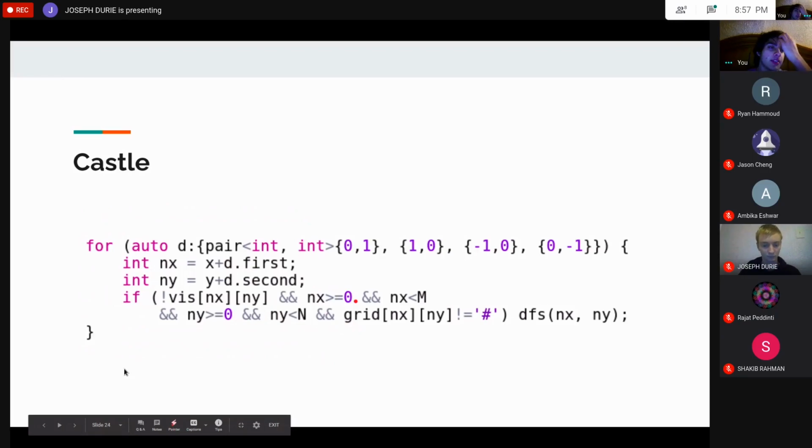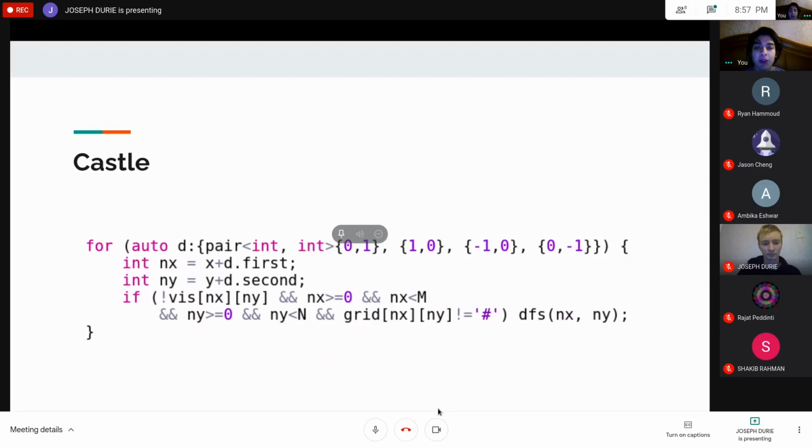This is the main part I want to bring up, and this is how you actually make your own edges on the fly. In your DFS or BFS or whatever you use, in this case DFS, you would loop over all the possible deltas you can take, being up, down, left, or right. You look at your current x and y position and compute the next x and y position you can reach by taking this delta.